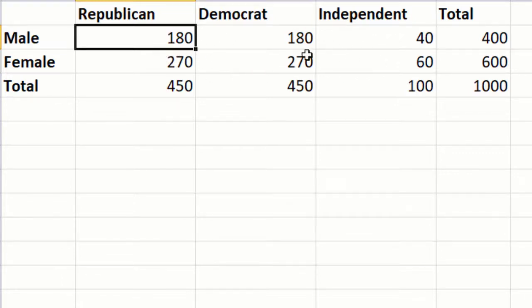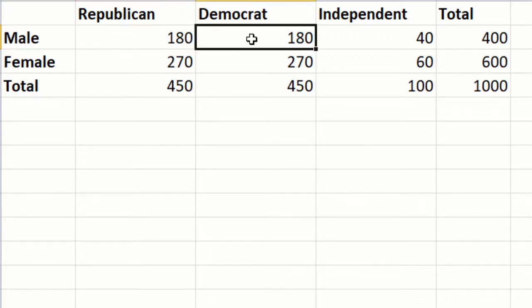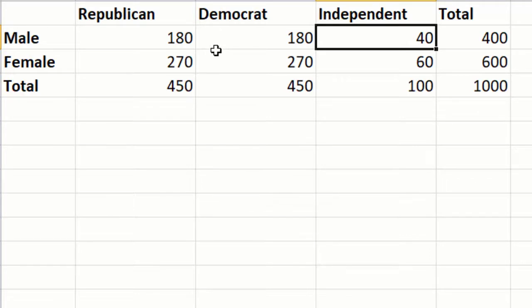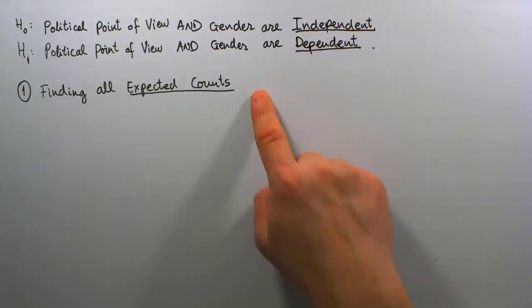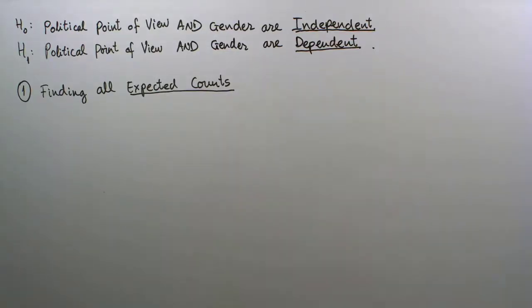So anyone viewing the video here can double check my calculation and find out whether I have put the values, the calculations in correctly. So this is the expected count for row 1, column 1. This is the expected count for row 1, column 2, and so on. So this is again my table with all expected counts given here. And so now that means we are done with that step, finding all expected counts.